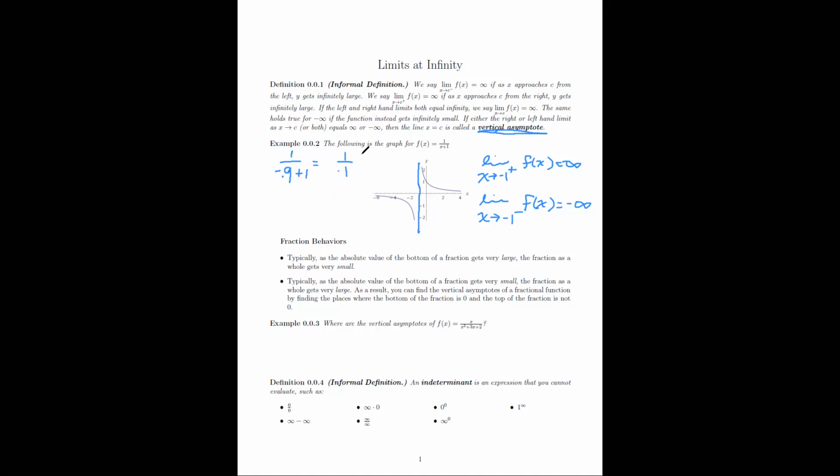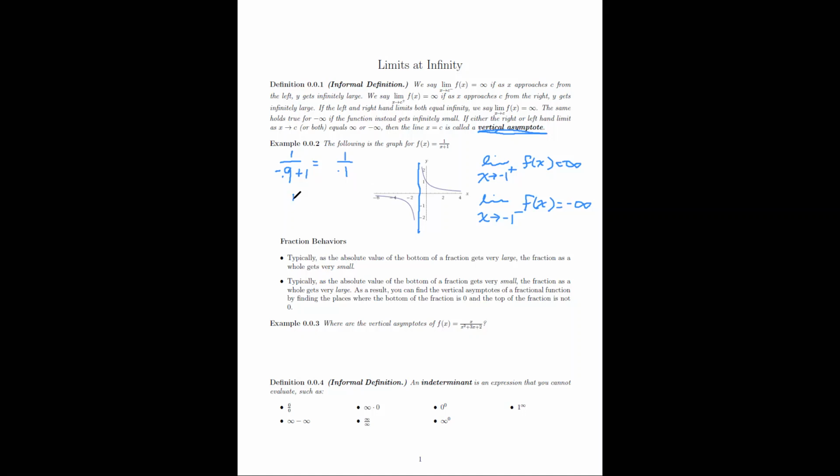And this is a positive number, you'll notice. As we get closer and closer to minus 1 from the right, that number is going to stay positive. So that's where we're getting our infinity from. If we actually plug this into the calculator, this will be a really, really big number.